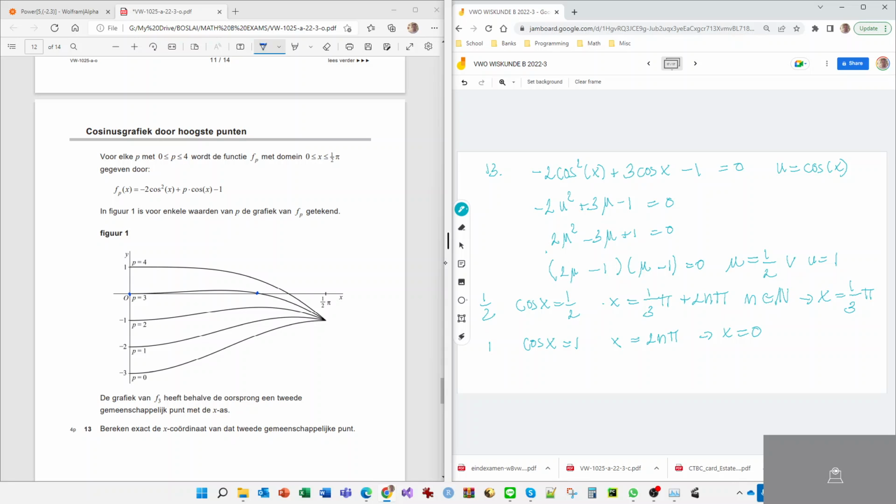So the second common point, or intersection with the x-axis, is this one.